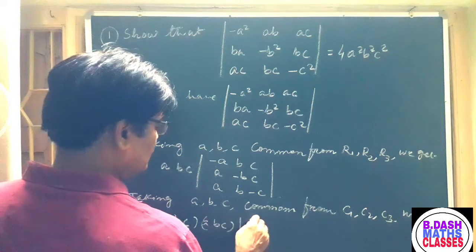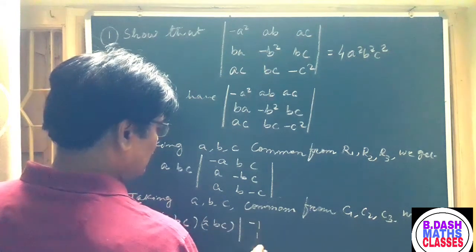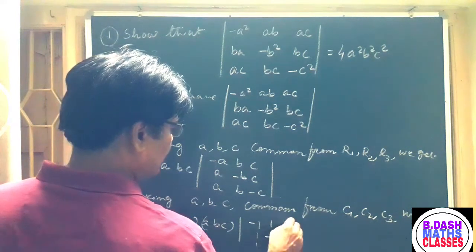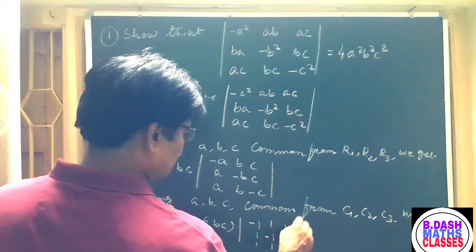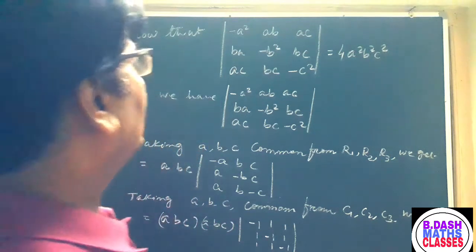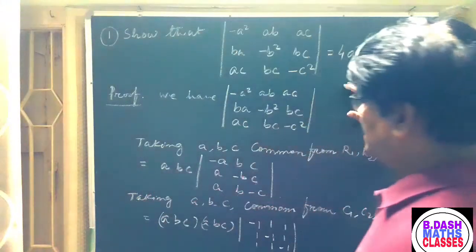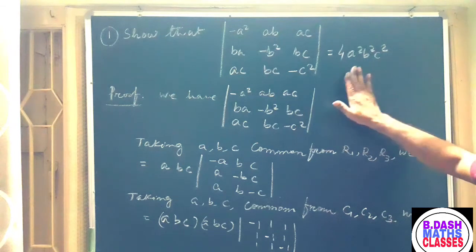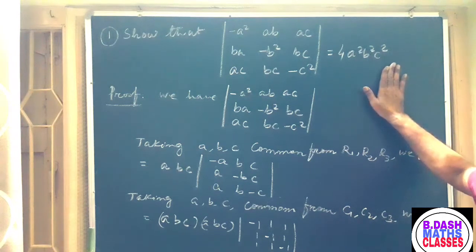This is minus 1, 1, 1; 1, minus 1, 1; 1, 1, minus 1. So the determinant which is given here, we have to prove its value is 4a square b square c square.